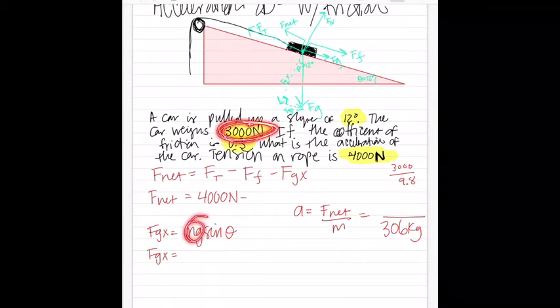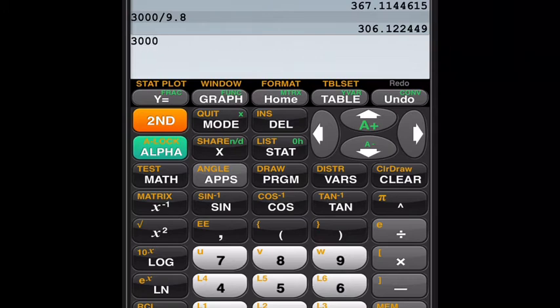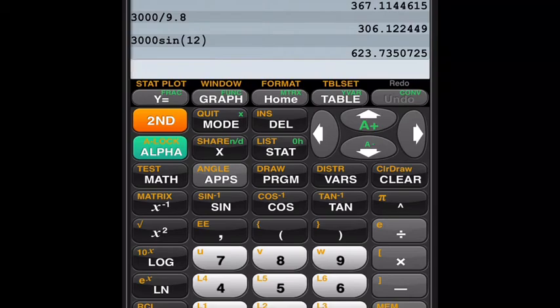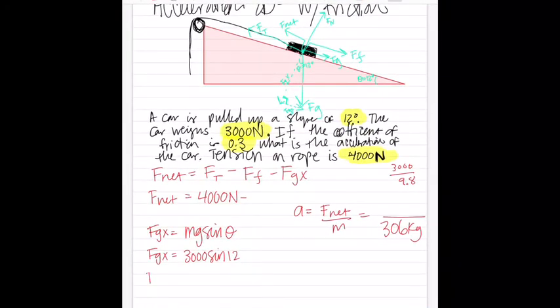So I can go ahead and put that straight in because that's already mass times gravity. That is weight. So we're going to put 3,000 straight into here. So 3,000 sine of theta. Theta is 12. So that gives me 624. So Fg of x is 624 newtons. So I'm going to go ahead and put that in here, minus 624 newtons. So all I've got to find now is my frictional force.